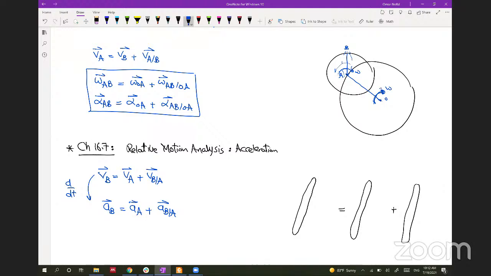So if we have this point A, this point B, with A having this path and B having this path, right now we are dealing with acceleration, so AA is in this direction and AB is in a different direction like this.